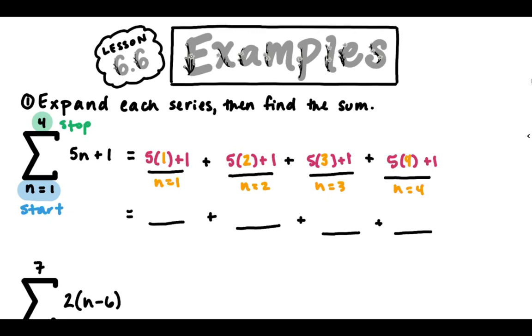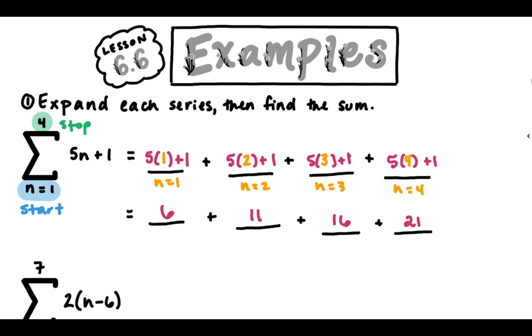Okay, so 5 times 1 is 5, plus 1 is 6. 5 times 2 is 10, plus 1 is 11. 5 times 3 is 15, plus 1 is 16. 5 times 4 is 20, plus 1 is 21. And then we're just literally going to add those numbers up.